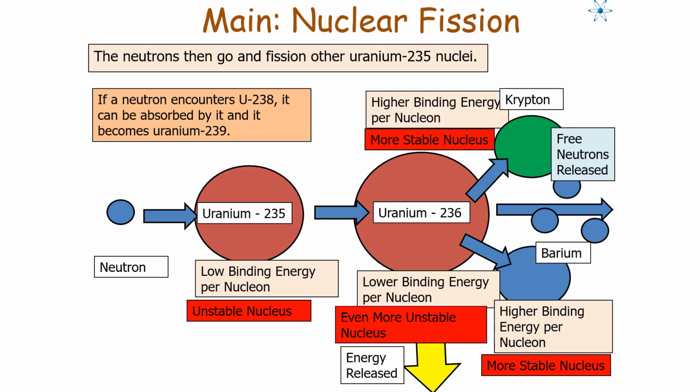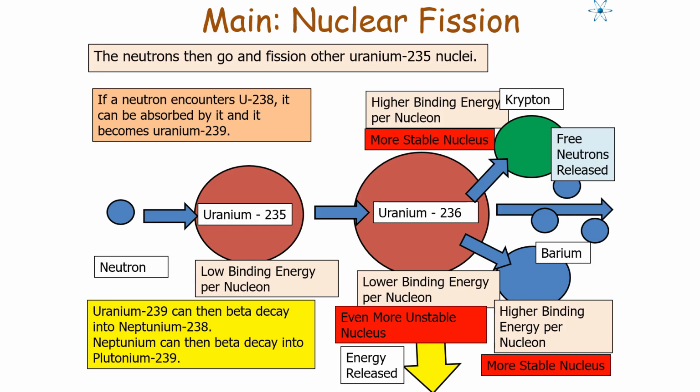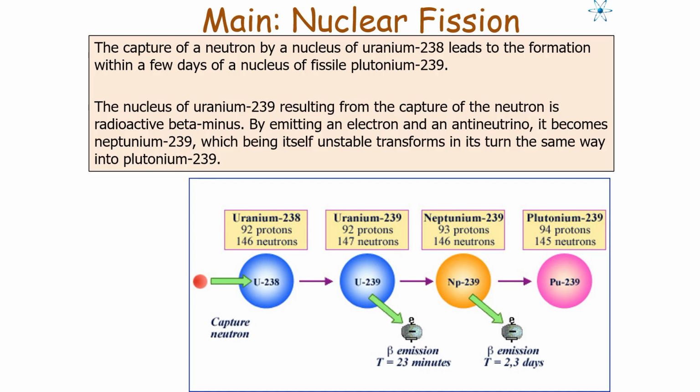Well, if a neutron encounters uranium-238, it will be absorbed and become uranium-239. Uranium-239 can then beta decay into neptunium-239, and then neptunium-239 can beta decay into plutonium-239, but you don't get the fission process. So, the capture of a neutron by a nucleus of uranium-238 leads to the formation within a few days of a nucleus of plutonium-239, which actually is fissile.